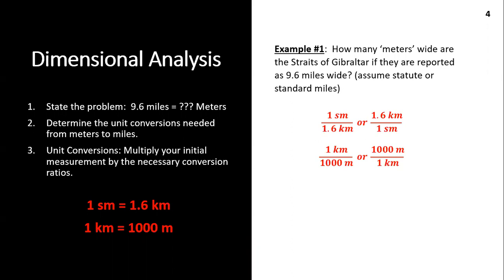Stated either way, these are equivalent units. When setting up your ratios, ensure that your units cross-cancel in a way that only leaves the desired units. Setting up conversions in this way provides a strong check of your work. If you did it correctly, after cross-canceling, you should be left with only the desired units of meters.